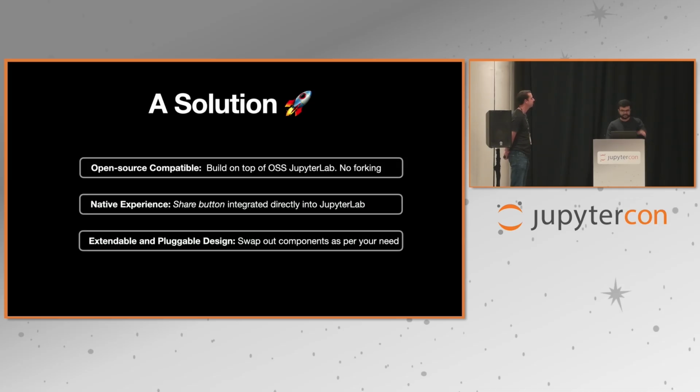It feels like it is part of Jupyter. Its native experience is useful, and also we wanted to build it in a way that it can be extendable with the reference implementation, so that if you don't want to extend it, you get it out of the box, but also be able to extend and swap components out as per your need, as per your org's need.